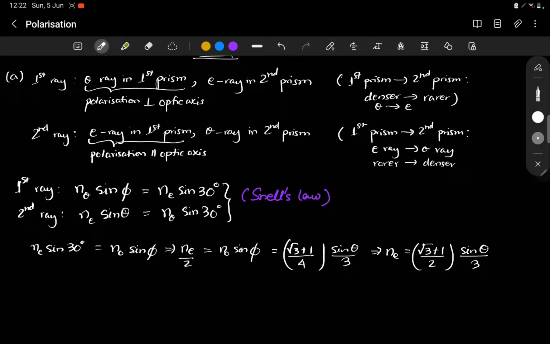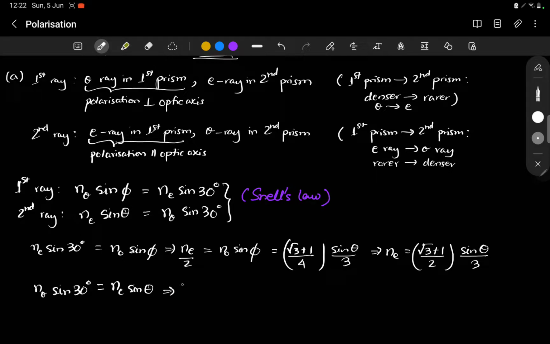So this is Ne in terms of sine theta, and from the second relation, we have No sine 30 degrees is Ne sine theta.